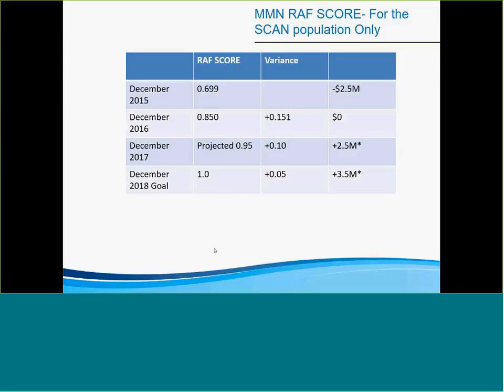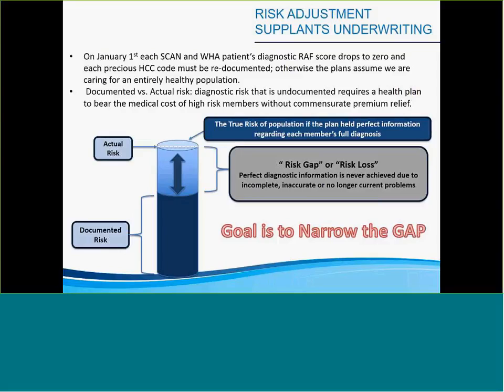And here, we think we've actually made money on the scanned population of 2.5 million, which means also our partner hospital will get some money back. And we hope to hit the Medicare average by 2018, which is 1.0, and have a little bit more upside. Again, our patients are maybe a little bit healthier than across the country, so we may not hit that, but that is our target.